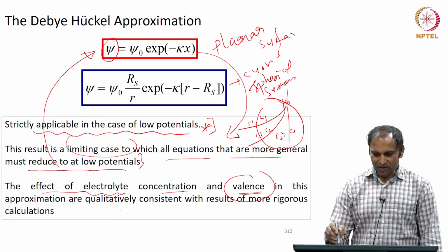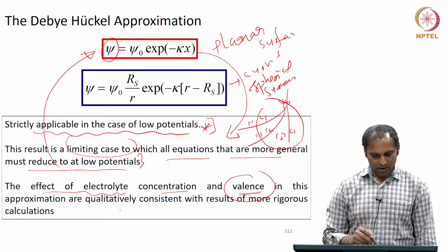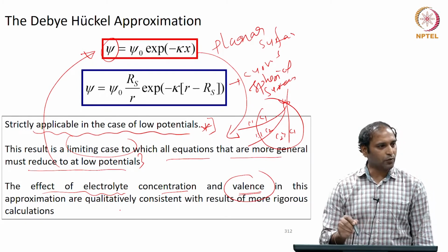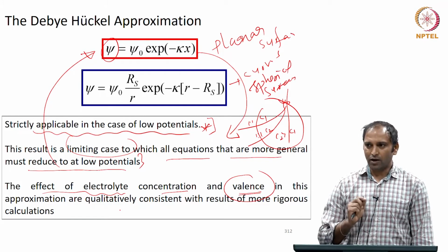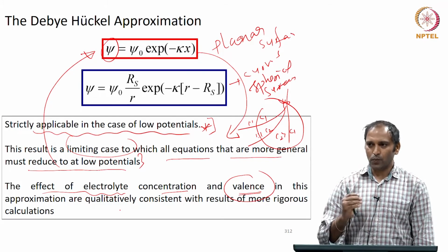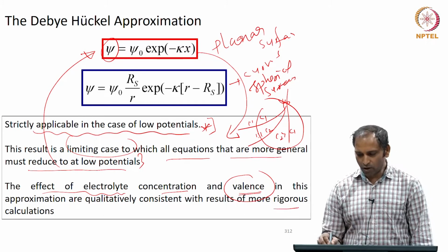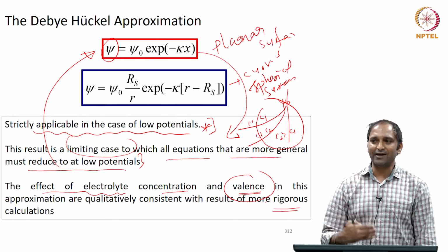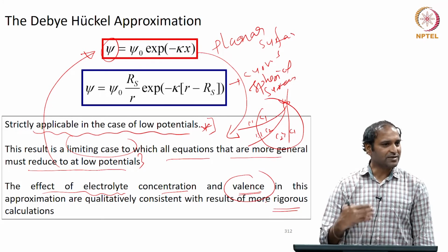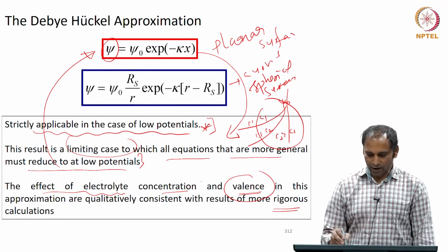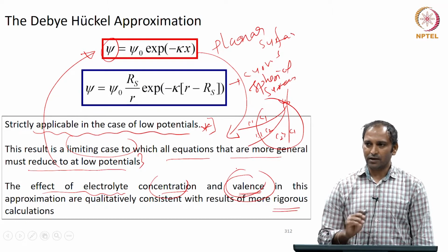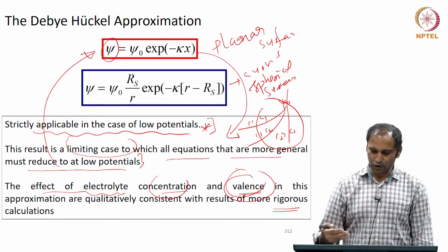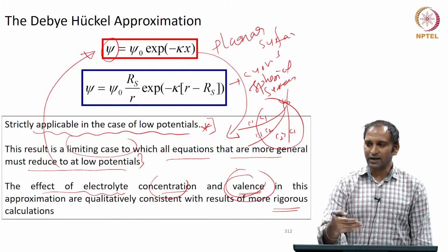These limiting cases still capture the variation of psi naught with separation distance in a consistent way, which is also captured by more rigorous calculation. The only thing is the magnitude may be slightly off, but the way psi varies with electrolyte concentration and valency is still qualitatively very similar, whether you use a rigorous model or these limiting cases.